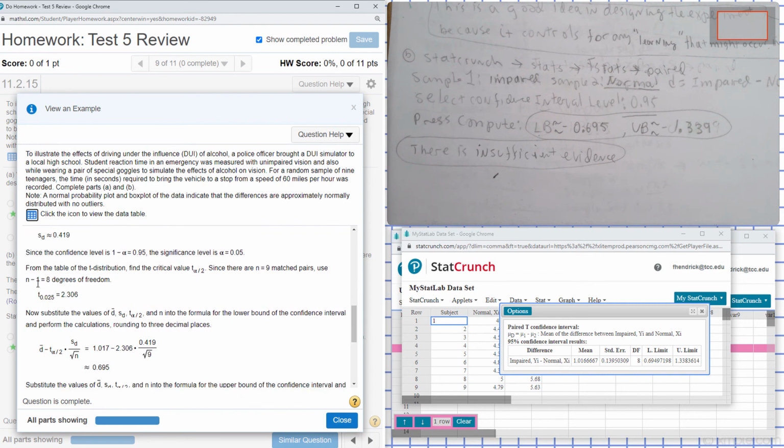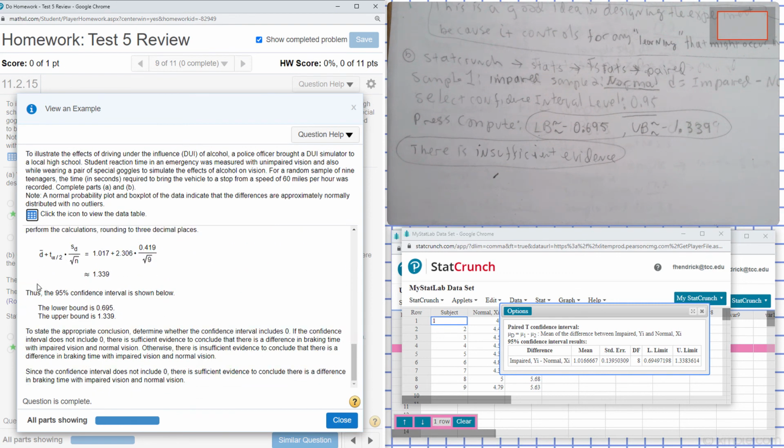But since 0 is not included in the interval, there is a difference. Okay, and that's the end of that one.